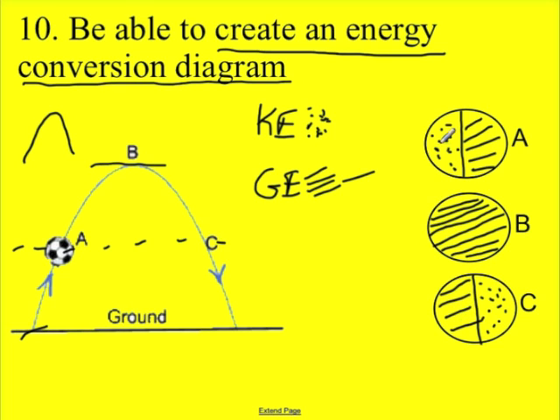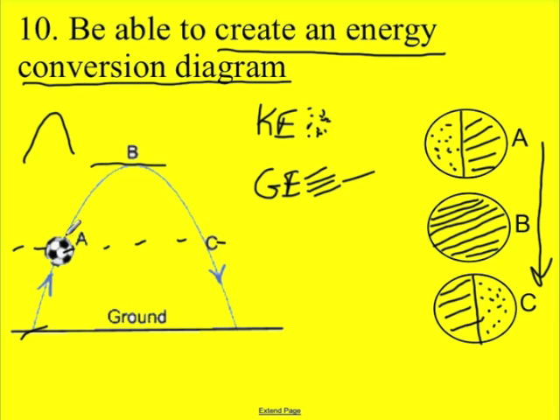What that would tell me, because we know that's the order from the diagram, is that the amount of kinetic energy is decreasing to the point where it has none in B, but then all of a sudden we get more, so it's starting to increase again. And I know that's what's happening.